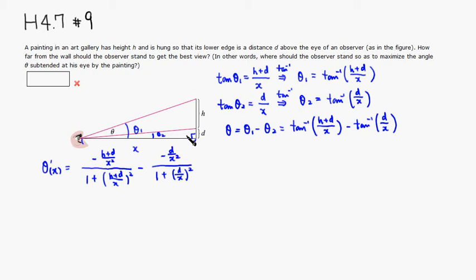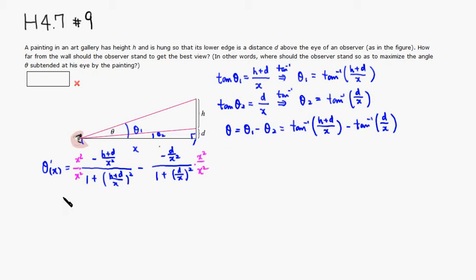Since I don't like having a bunch of fractions inside a fraction, I'm going to multiply top and bottom by x squared, here and here, so that we don't have to see a bunch of fractions.